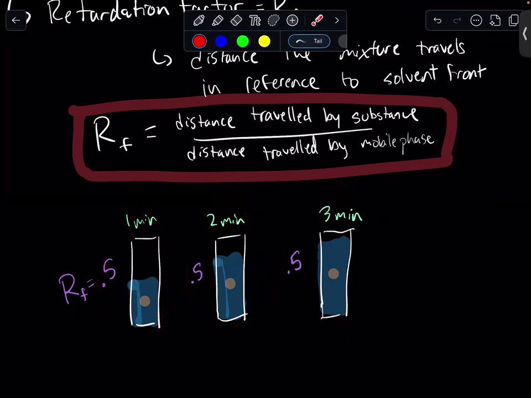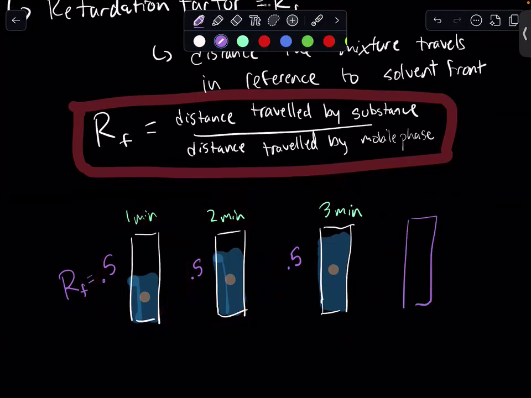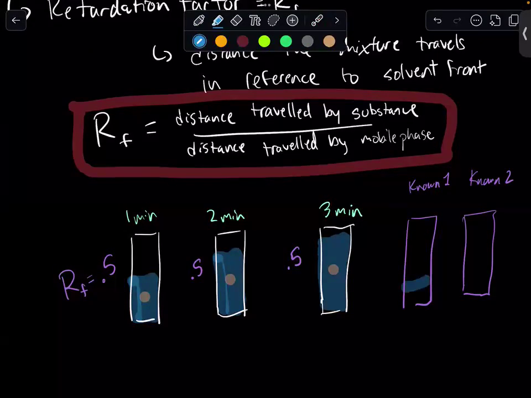So we could have our knowns. We'll just do 2 knowns, known 1 and known 2, and maybe these have been in for 30 seconds. We have different retention factors.